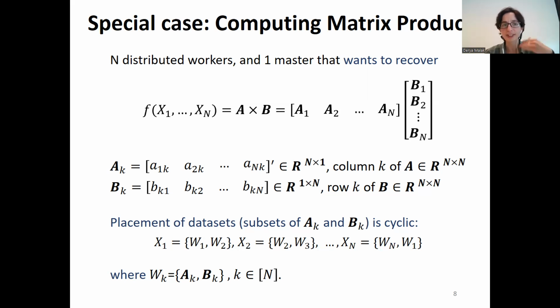For this specific problem, I assume that W_k, the message functions, are nothing but the kth column of A and the kth row of B. This is intentionally done because it promotes diversity across multiple workers.